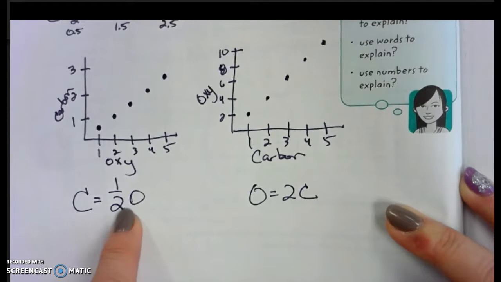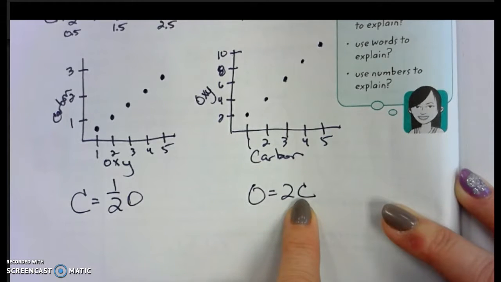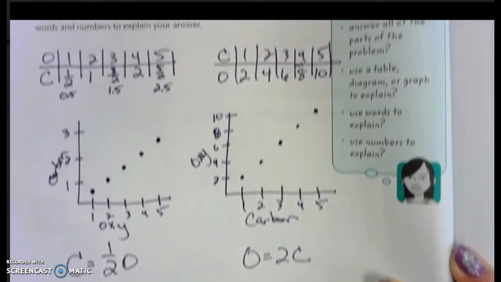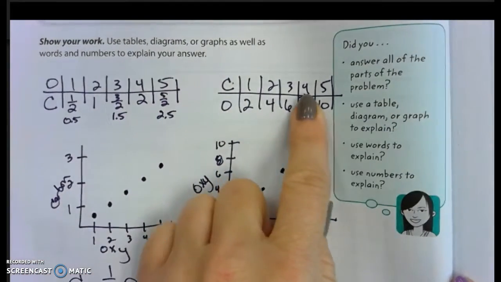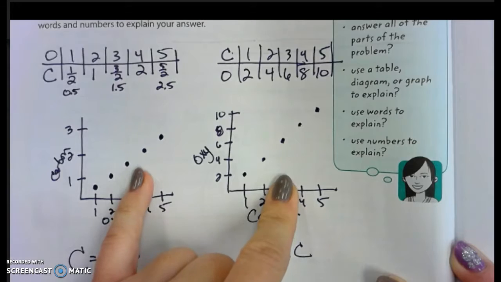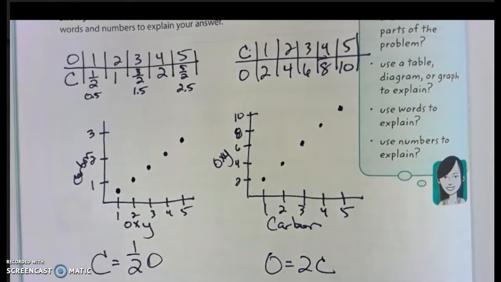Carbon atoms is equal to 1/2 of the oxygen atoms, or oxygen is equal to 2 times the carbon atoms. And then you had to tell if it's a function. We only had one output for each input, which makes it a function, or you can look at your graphs. They pass the vertical line test, so they are both functions. Okay, they are both functions.